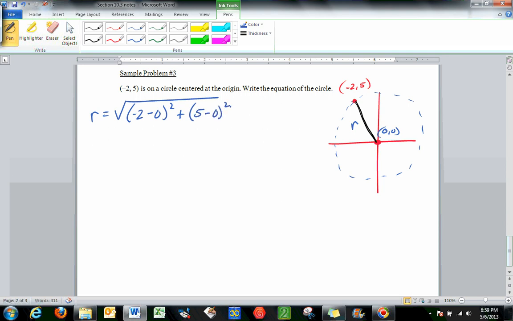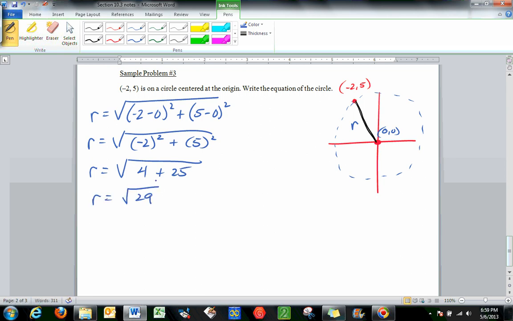If you recall back in the section on distance formula, I told you it's a good idea to get in the habit of always writing that square root symbol first. -2 minus 0 is -2 squared. Keep the -2 in parentheses so that you square it appropriately. And again, I now have 4 plus 25, and my radius ends up being the square root of 29.